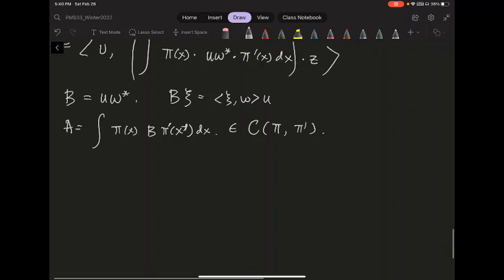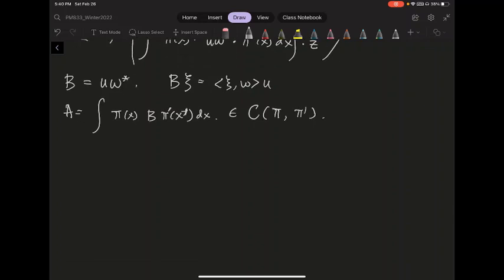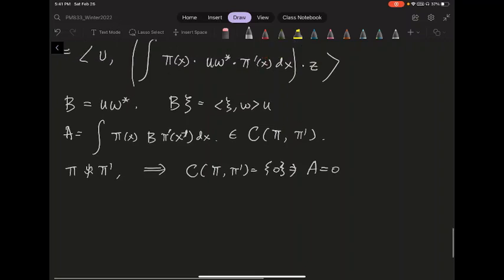And so because π and π′, if they're not unitarily equivalent, we have Schur's lemma that tells you there are not many intertwiners, there's only 0 in there. So the C of π′ only contains 0. So basically that tells you A is going to be equal to 0. Because A is equal to 0, this whole integral is going to be equal to 0.